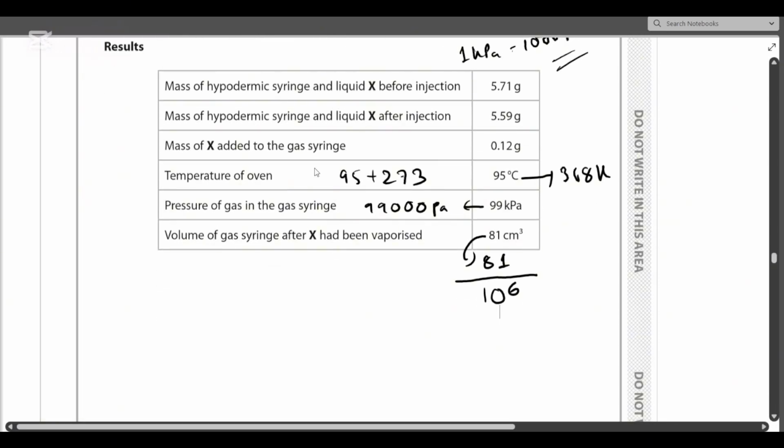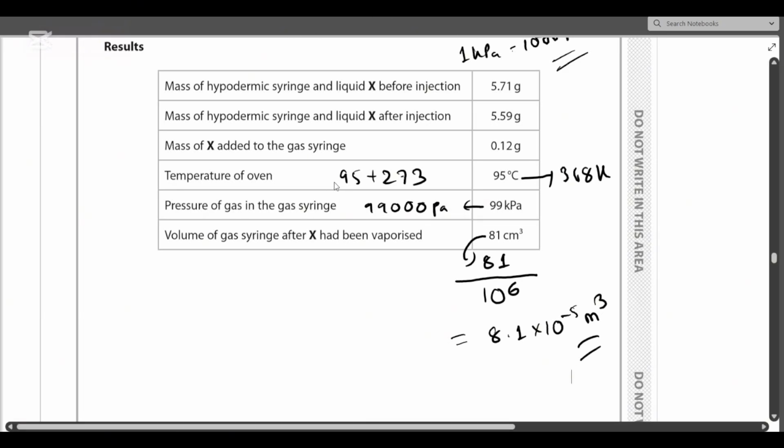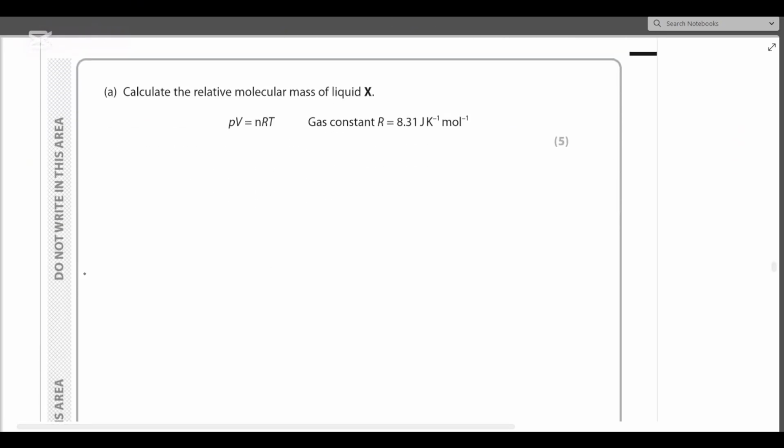So if you do that, you tend to get about 8.1 times 10 to the power minus 5 meter cube. So moving on, if you write the values again, we have the volume as 8.1 times 10 to the power minus 5 meter cube.